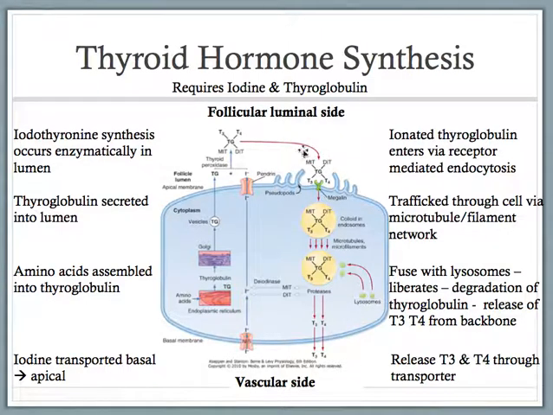So here we have our iodinated thyroglobulin. Again, it's in the colloid. When there is a message that it's time to go out into the bloodstream, here's this receptor. It's called the megalin receptor, which is a super fun name. Here's also some little pseudopods, which will help grab this large protein, bind it to its receptor.